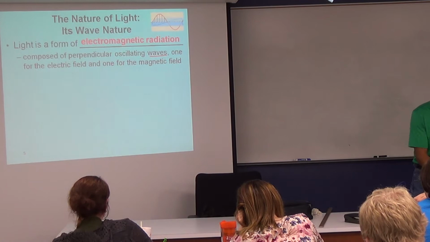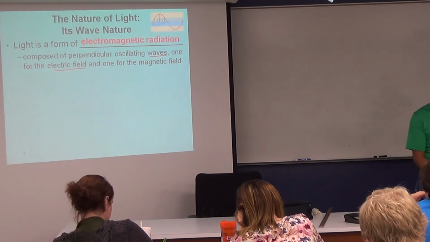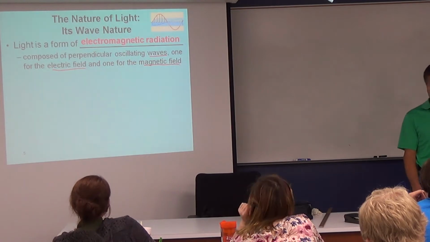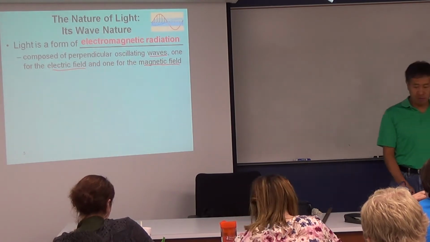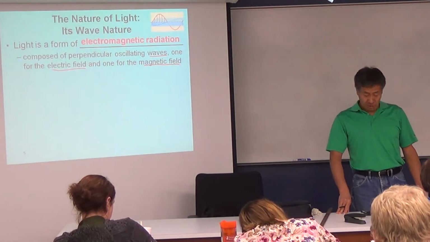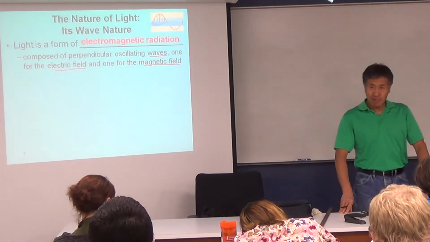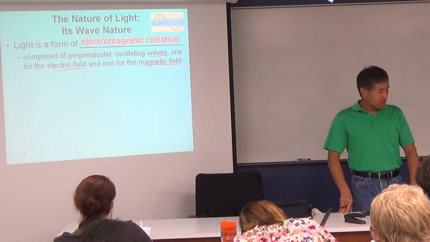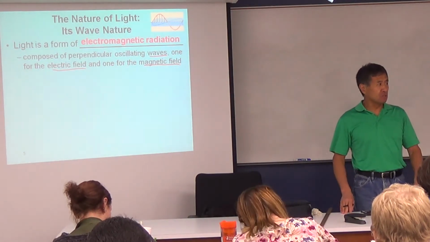One is the electrical wave, and the other one is the magnetic wave. If you study basic physics, you know electricity and magnetism can interchange.